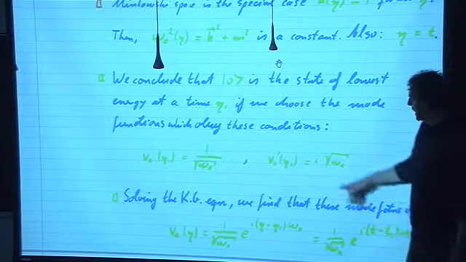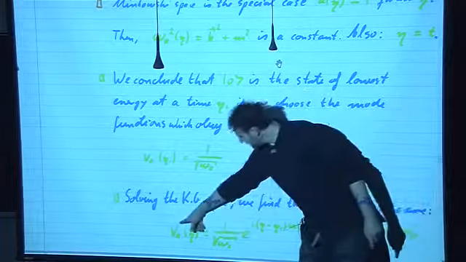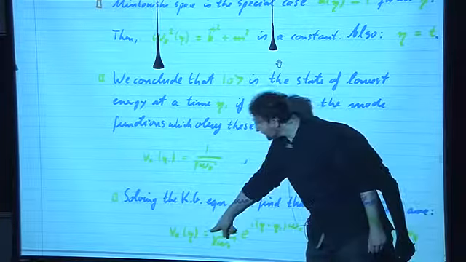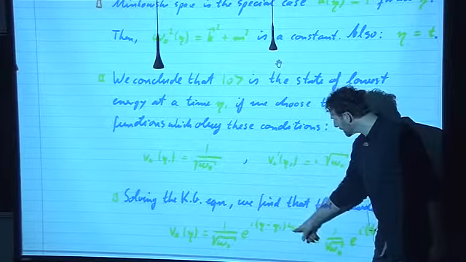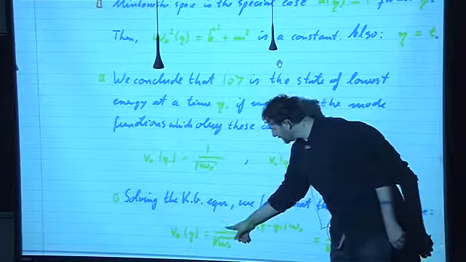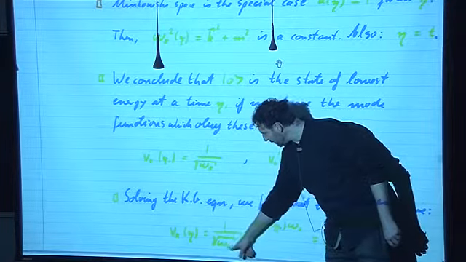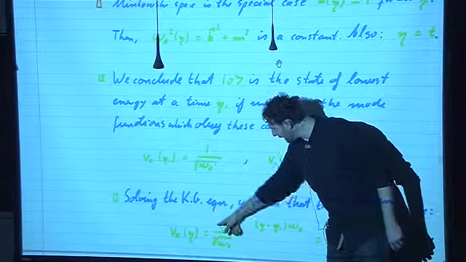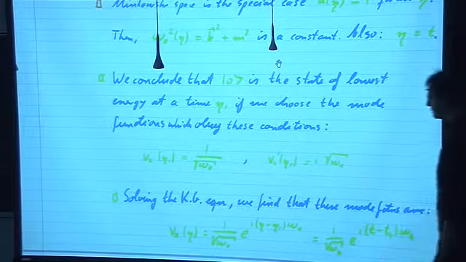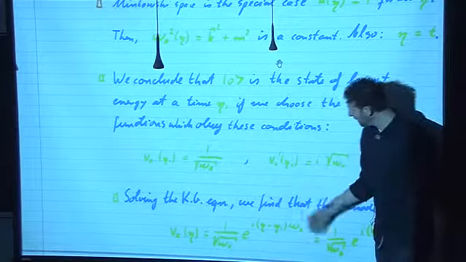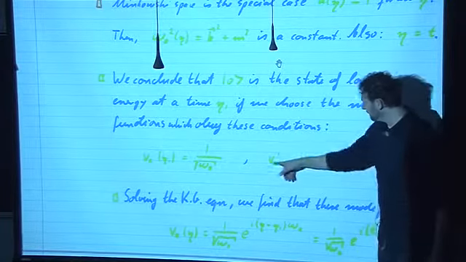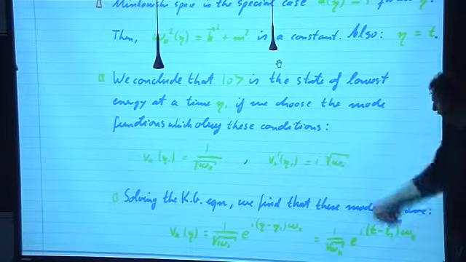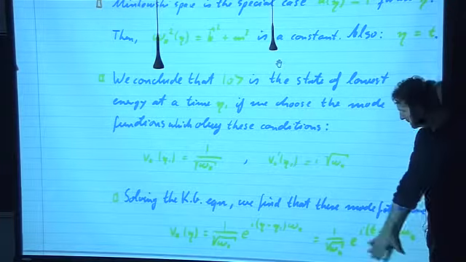And if you take that solution to the Klein-Gordon equation and differentiate it with respect to eta, then you get down a factor of omega k, which cancels the square root of omega k and leaves a square root of omega k up here in the numerator. And at eta equal eta 1, this term again drops out. So we just find that v prime is i times the square root of omega k, as it should be.